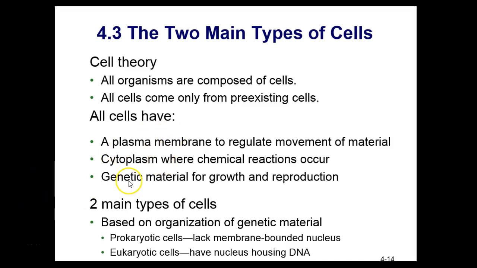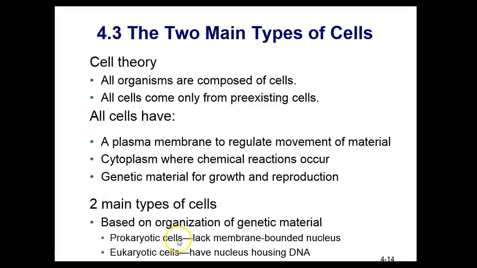And there's also your genetic material. They all have genetic material, which is our DNA, also called your hereditary material. The genetic material is responsible for traits which we acquire from our parents. And of course, in both the plant and animal cell, the genetic material is housed inside of the nucleus. However, in bacteria or your prokaryotic cells, the DNA is not in a nucleus, but in what you call the nucleoid.